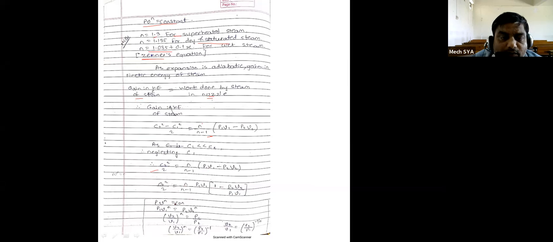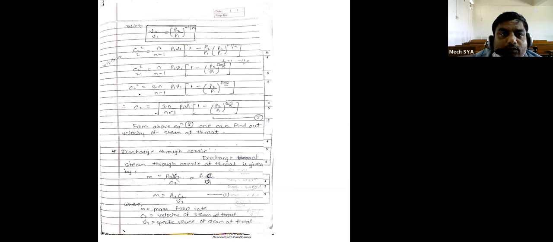Since P1 V1 raised to n is equal to P2 V2 raised to n, V2 upon V1 raised to n is equal to P1 upon P2 raised to minus 1, and here we put the value. Therefore, V2 upon V1 is equal to P2 upon P1 raised to minus 1 upon n.